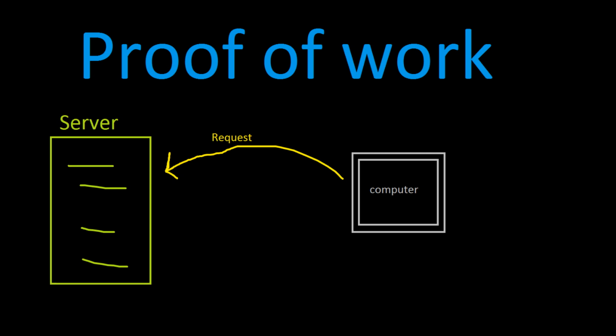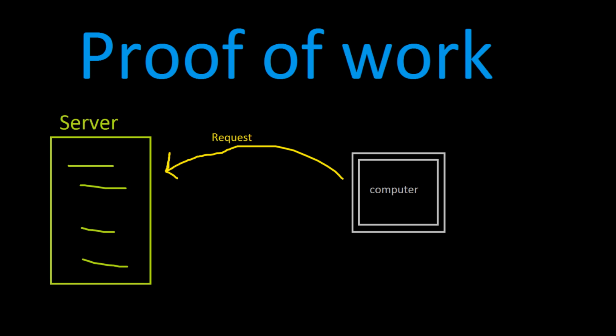So the idea behind a proof-of-work system is that actual computational work is required to make a request on the network. For ease of understanding, let's assume the request we're talking about is visiting a web page in your browser. In this case you request data from the web server, that data is sent to you in your browser and then displayed for you.